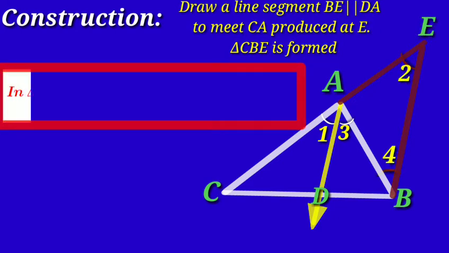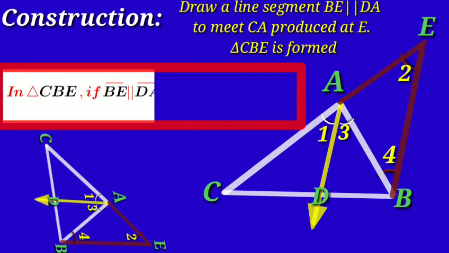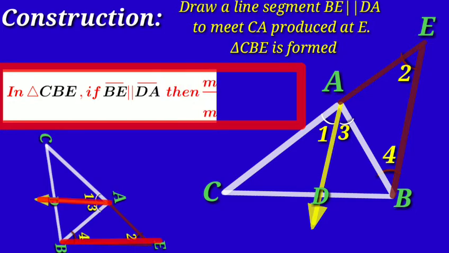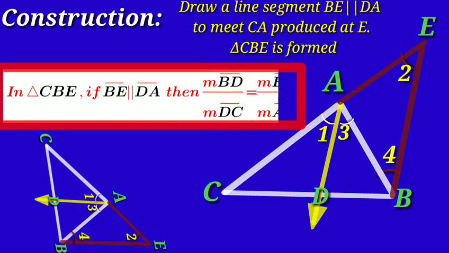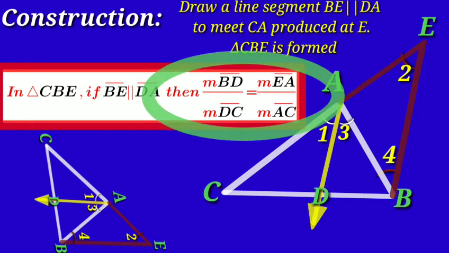In triangle CBE, if side BE is parallel to the side DA, then side BD divided by DC is equal to side EA divided by side AC.